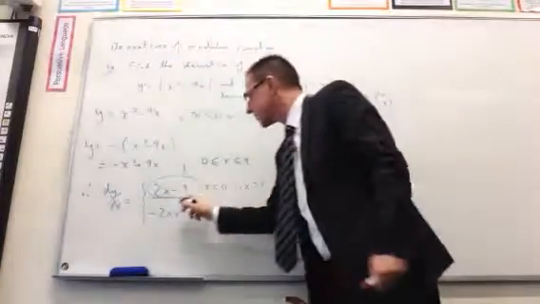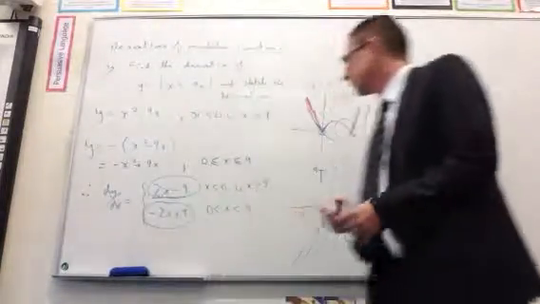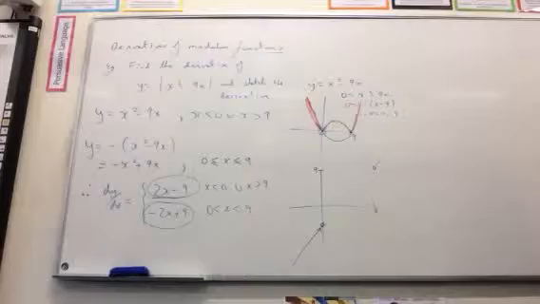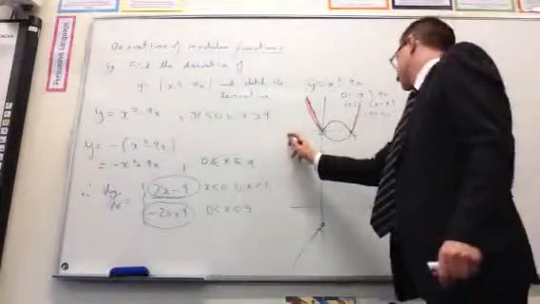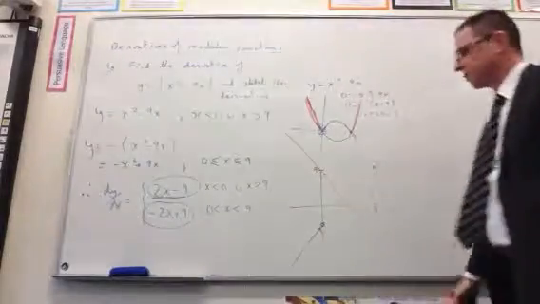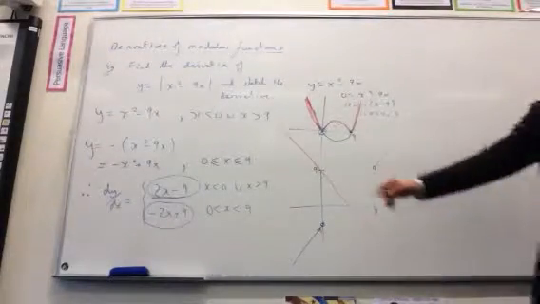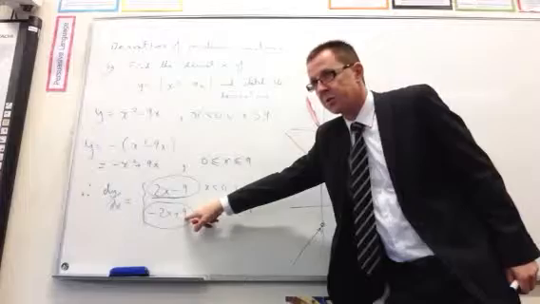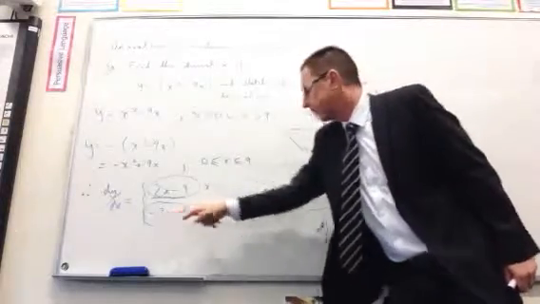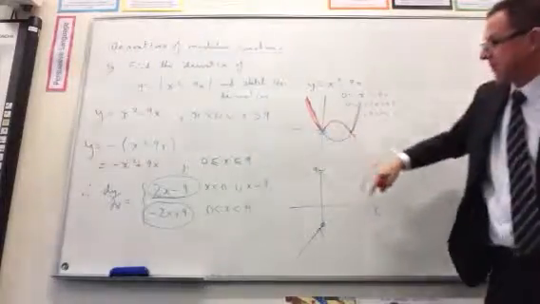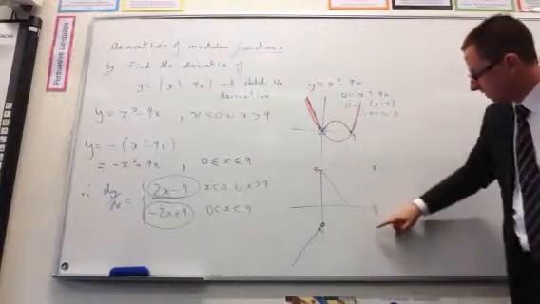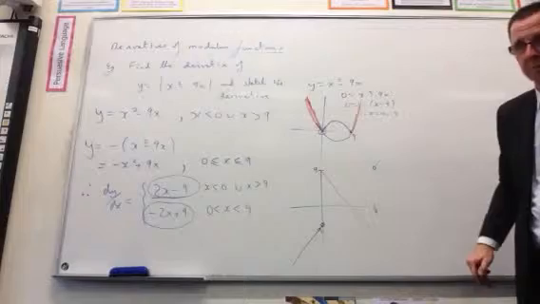Now I've got to draw this one. Well, that's negative 2x plus 9. That'll just go like that, wouldn't it? 9 is a y-intercept, gradient of negative 2. Bang. But that doesn't exist less than 0, and it doesn't exist more than 9.